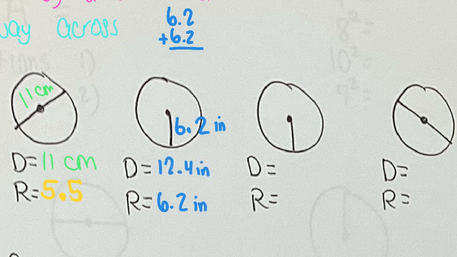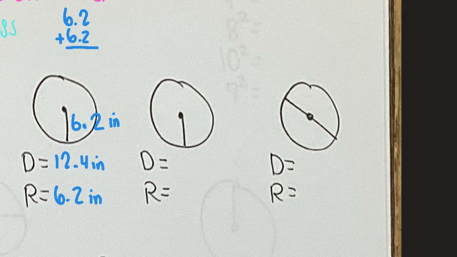The entire diameter would be 12.4. Okay, let's try this one. What if I told you that the radius was 3.5 centimeters? How much would 3.5 and another 3.5 be? Did you say 7? 7 centimeters.